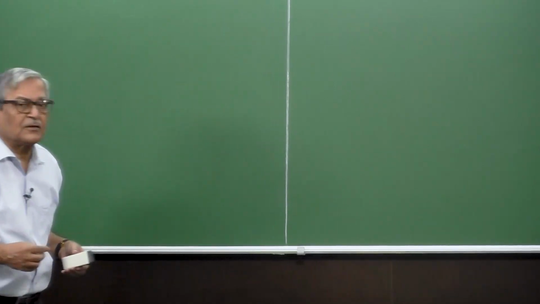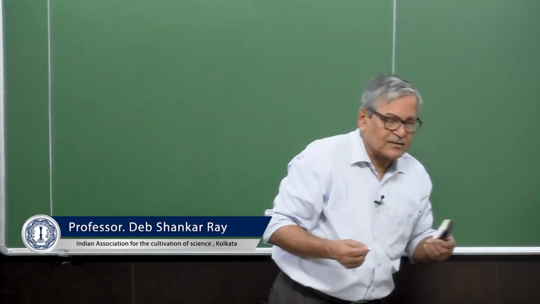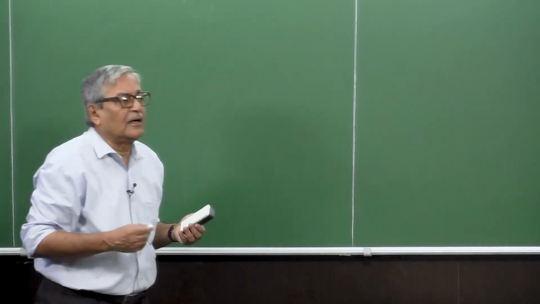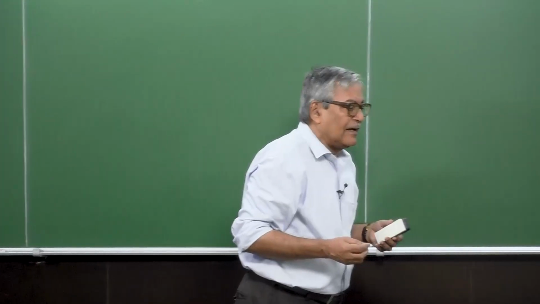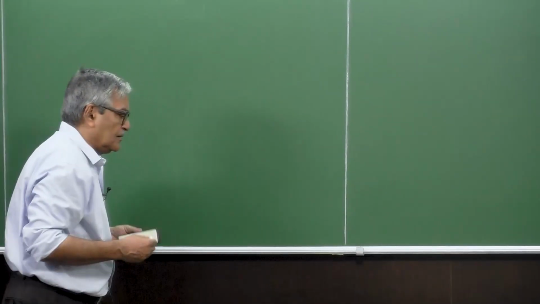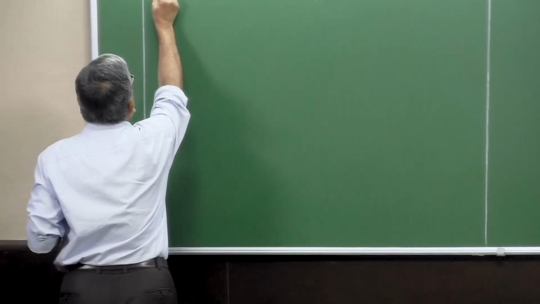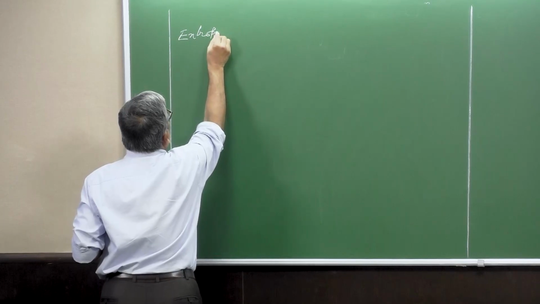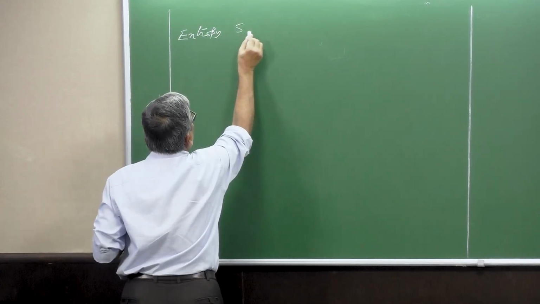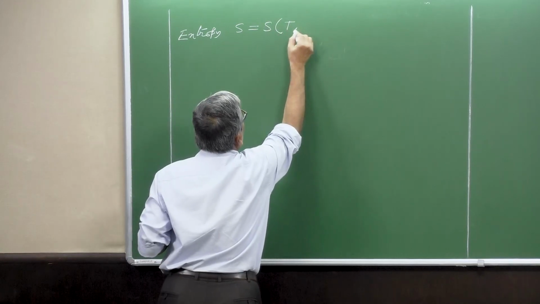Our discussion on entropy as a property, and last time we discussed it with entropy as a function of temperature and volume. Now we will discuss another aspect, that is entropy as a function of temperature and pressure.